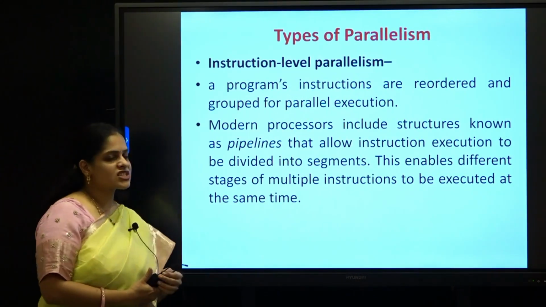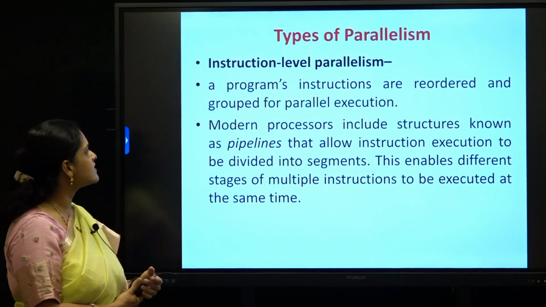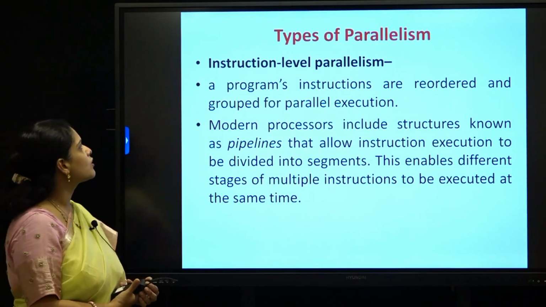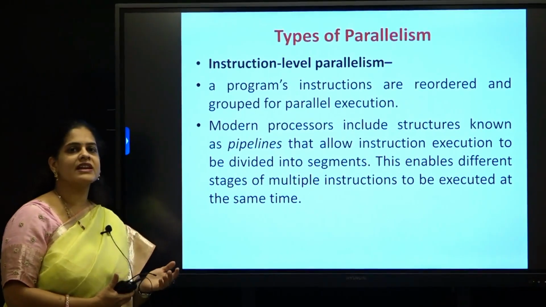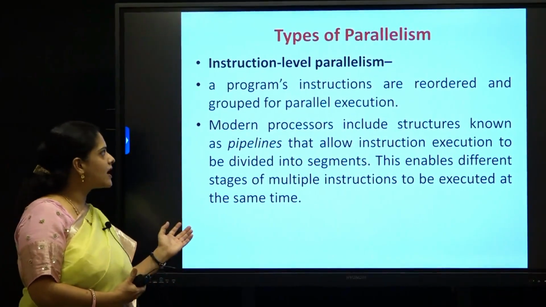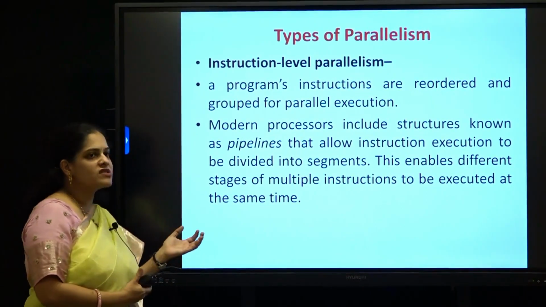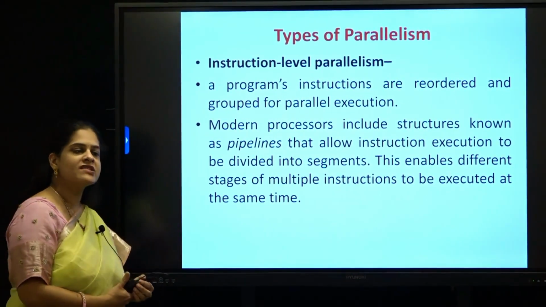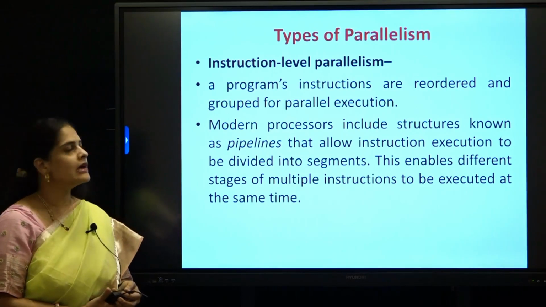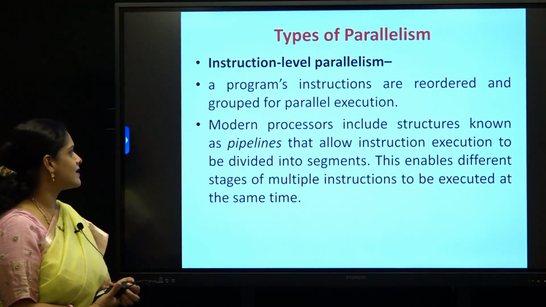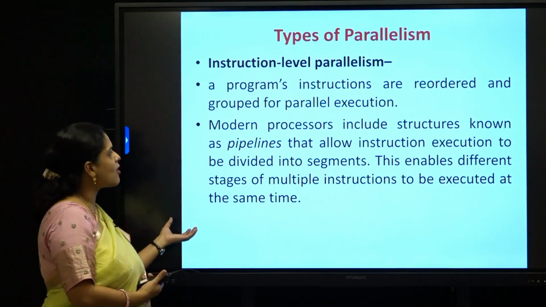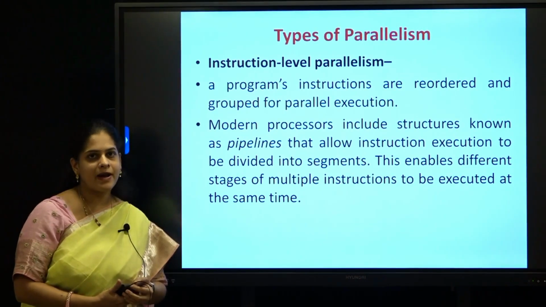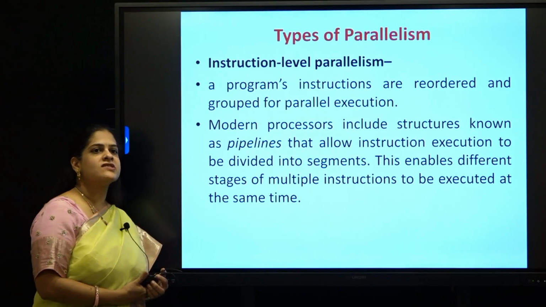Next, coming to instruction level parallelism. Here, program instructions are reordered. We basically group the task into a set of instructions, and multiple instructions are executed in parallel; that is called instruction level parallelism. When instruction level parallelism comes into the picture, we implement the concept of pipelines, where you execute multiple instructions in parallel.